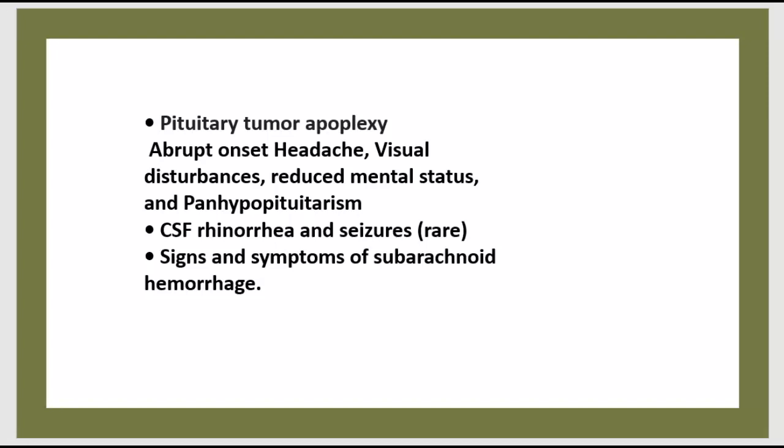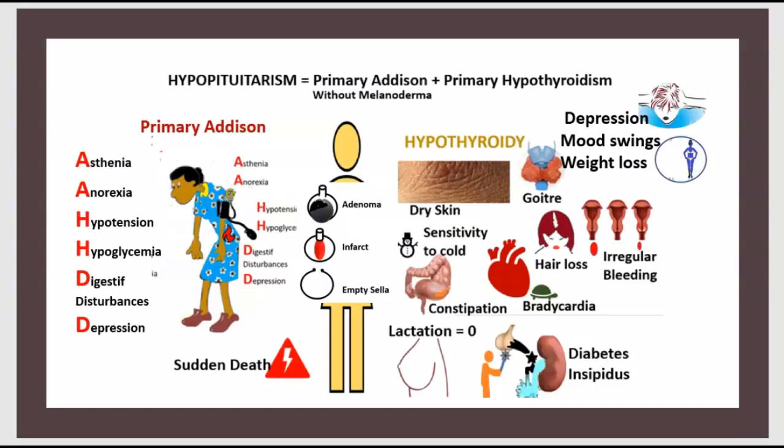Sign and symptom of subarachnoid hemorrhage. Hypopituitarism: primary Addison plus primary hypothyroidism. Hypothyroidism: dry skin, sensitivity to cold, constipation, no lactation, bradycardia, loss of hair, goiter, irregular bleeding, and depression, diabetes insipidus.